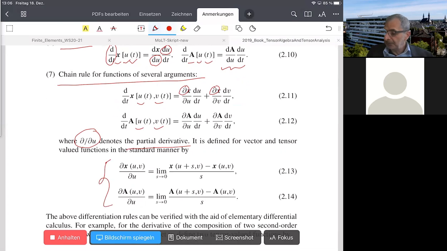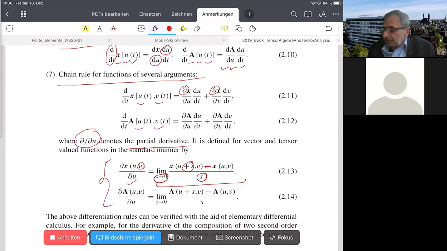We have here the partial derivative dx du, where this variable v is fixed. It's frozen, let's say, right? If you look at this definition, we add this increment s only to the variable u, then take the difference with the original value x, divide by s, and then consider s tending to 0.